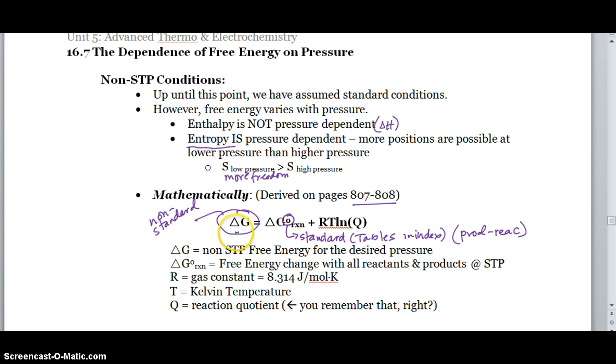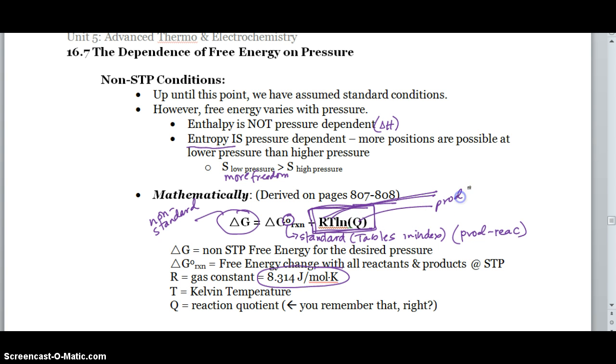If we want to solve for delta G, it's a function of what it is at standard conditions, and then this is your correction factor. None of these terms should seem new. R is your universal gas constant, and you want the one with joules in it, 8.314 joules per mole K, because these are energies. Temperature is your Kelvin temperature, and ln Q is the natural log of Q, the reaction quotient.